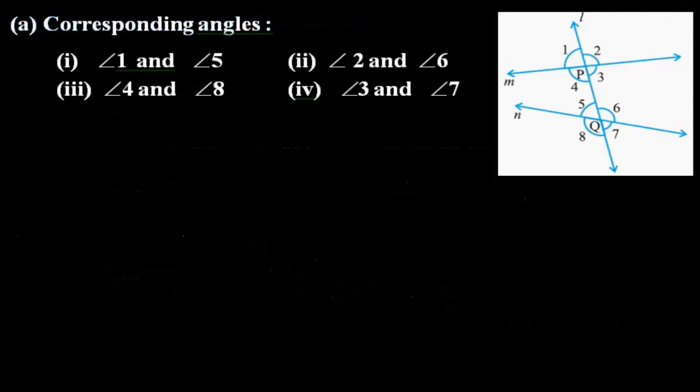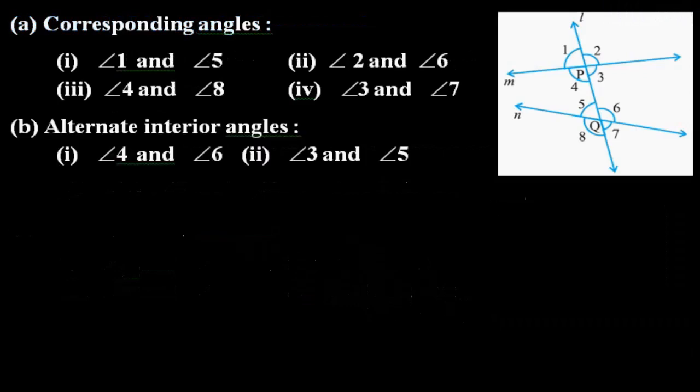Now let us move to the next one, alternate interior angles. How to find alternate angles: one angle will be on the left side of the transversal and the other on the right side of the transversal. That is called alternate angles. Where is angle 4?